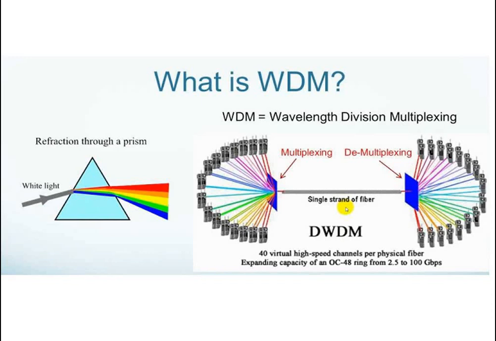So the beauty of WDM is that you only need to upgrade the end equipment. We need not dig up trenches to bury more fibers, which is much more costly.